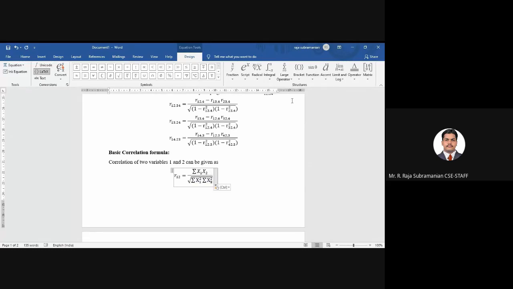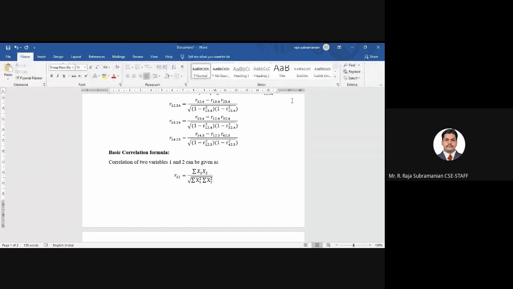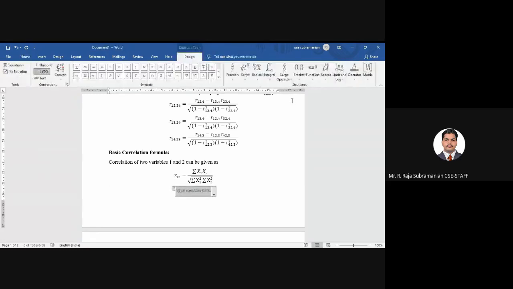This is actually the formula for calculating R12. This is the formula for calculating the correlation of two zero order variables. Zero order in the sense none of the variables is made constant.